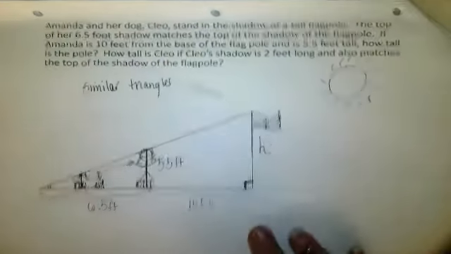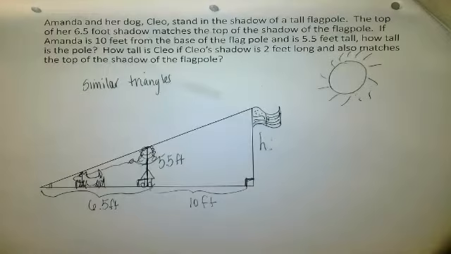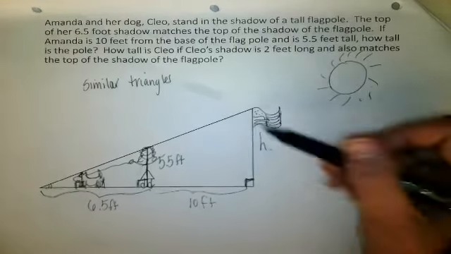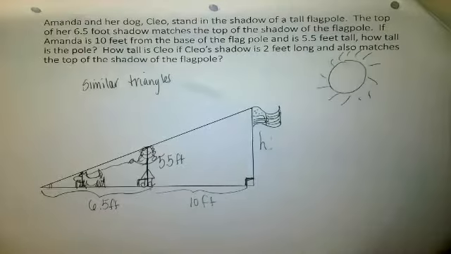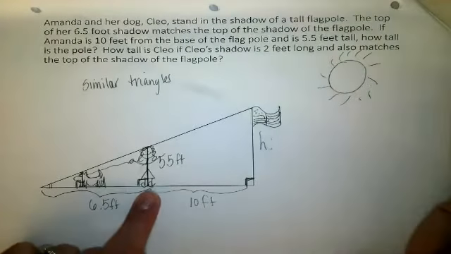When we have similar triangles, the angles are by default all the same, but their sizes are not, but they are all proportional. So we can write proportions. So if I want to figure out the height of the flagpole, I can compare it to what I know about myself.